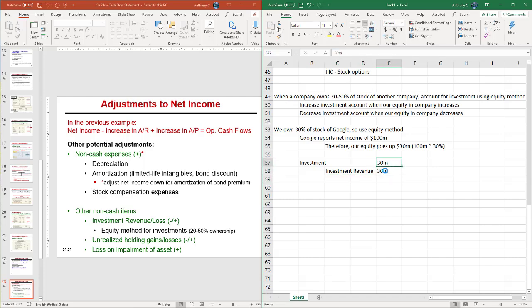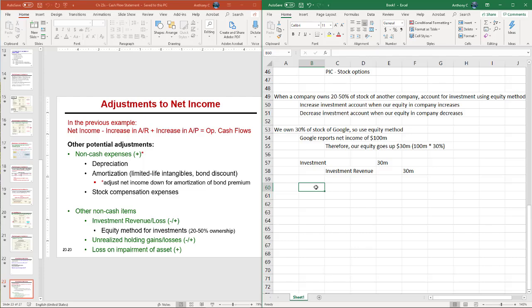So you'll notice here with this journal entry, we've recognized the investment revenue, but we have not gotten any cash for it. So in other words, if we report investment revenue from the equity method, we would have to subtract this from net income to get to a cash basis.